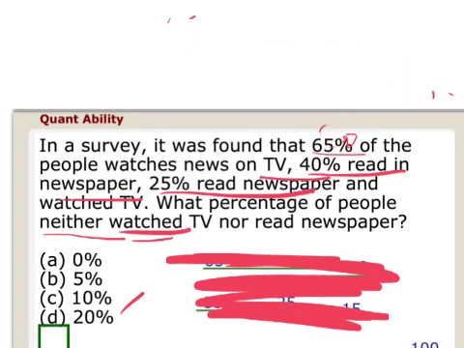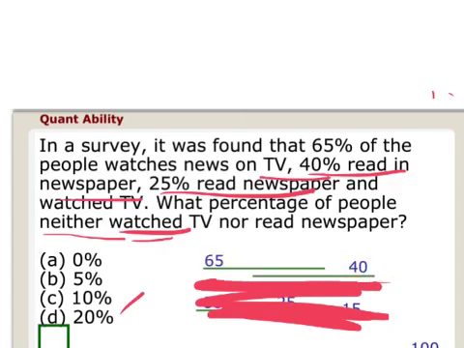Now let me introduce my way of doing this question, which is very simple. Normally I draw lines. If I draw a line here, 65% of people watch TV, and 40% read the newspaper. There has to be some common part. How many are common? 25. That's all.